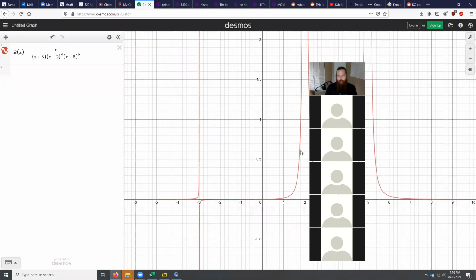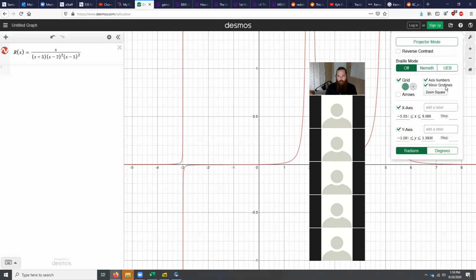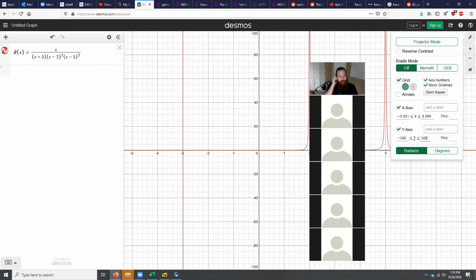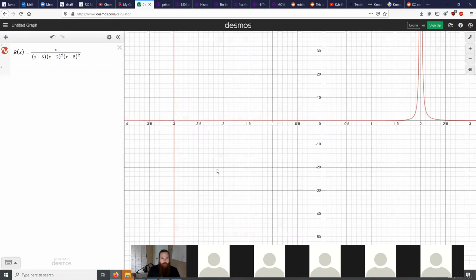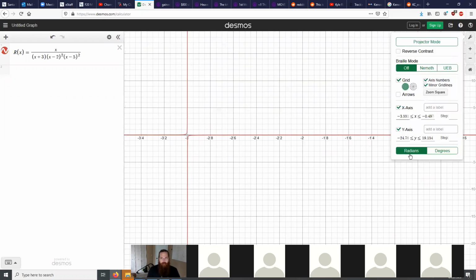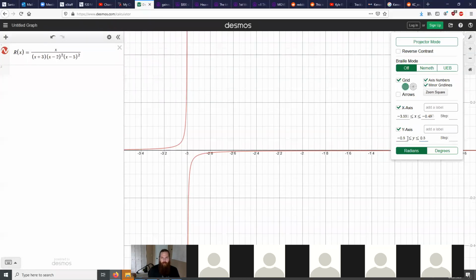Is that better? Nah, it's still a mess. Oh, negative 100 to 100. It's still a little squished. That's okay. But you see here, we do have the same sort of features. Maybe I'll go the other way. That's a little better, yeah.